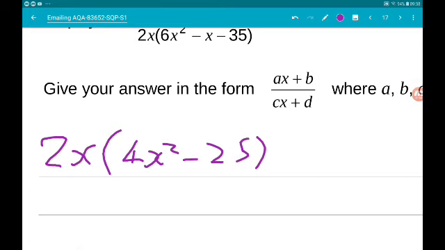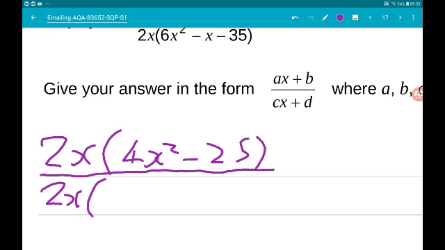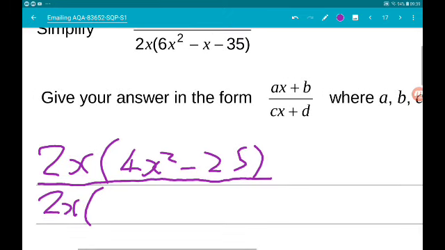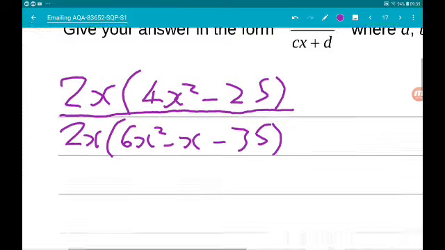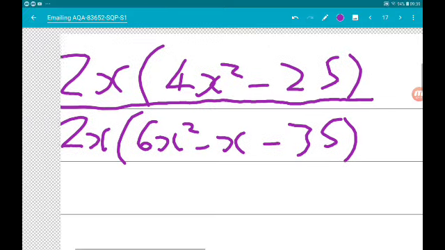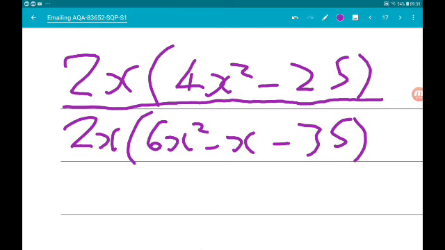Now on the bottom we have 2x times 6x squared minus x minus 35. So at this point we now have a common factor on the top and bottom of 2x.